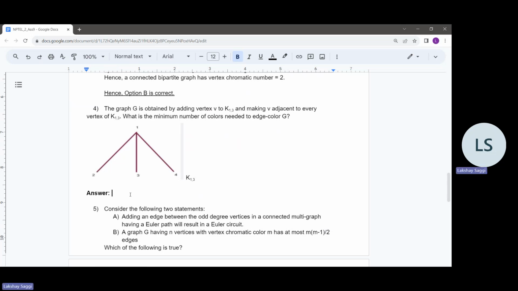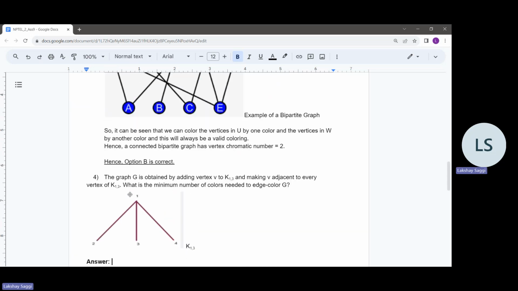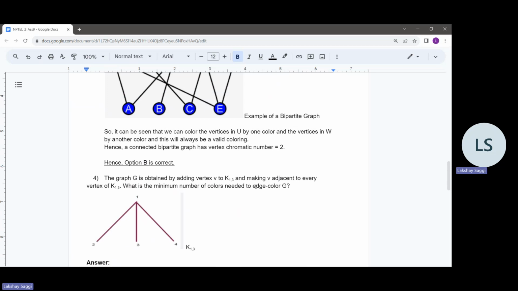Edge coloring is similarly defined as the minimum number of colors needed to color the edges so that two edges which have a common vertex do not have the same color. Basically, adjacent edges do not have the same color. In vertex coloring, adjacent vertices do not have the same color; in edge coloring, adjacent edges do not have the same color. So note that these are two different concepts, edge coloring and vertex coloring.